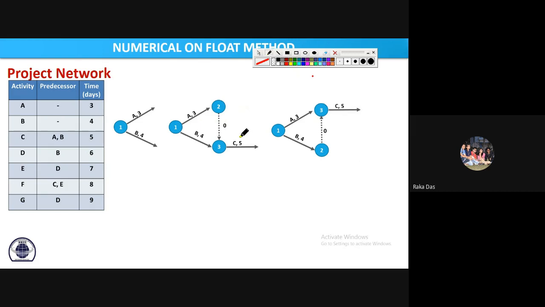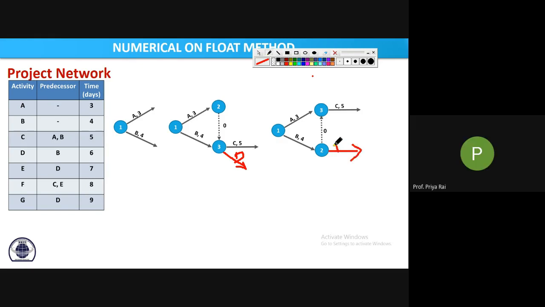I'm talking about this other case. In this case, from which event will you start your D activity? 3. Okay, if we draw from 3, this is your D activity. Now in this case, where will you start? From event 2.